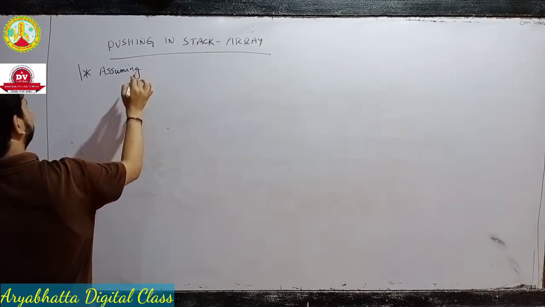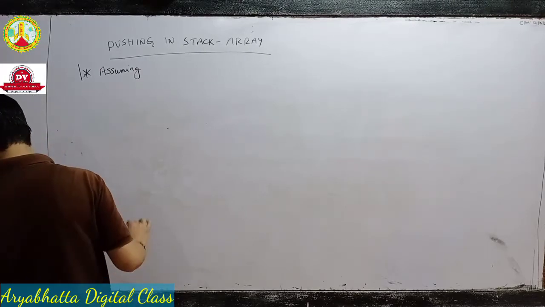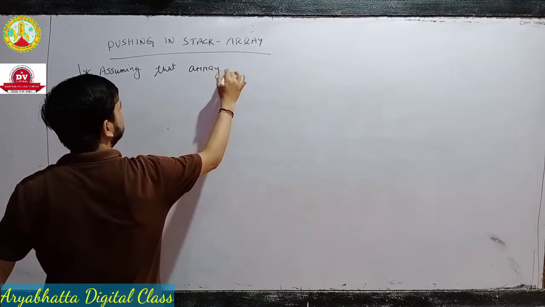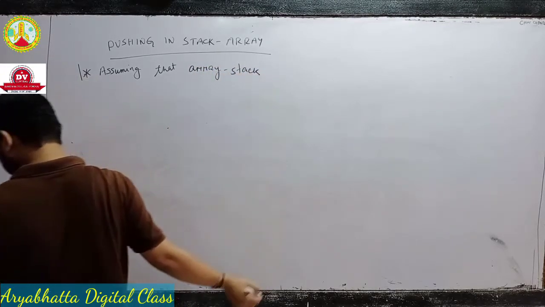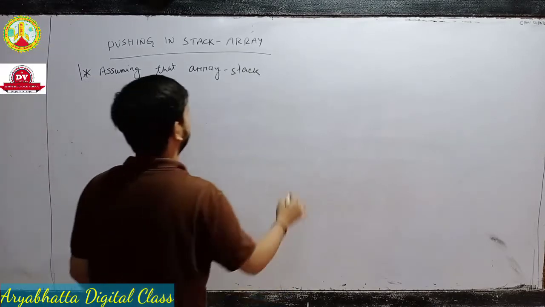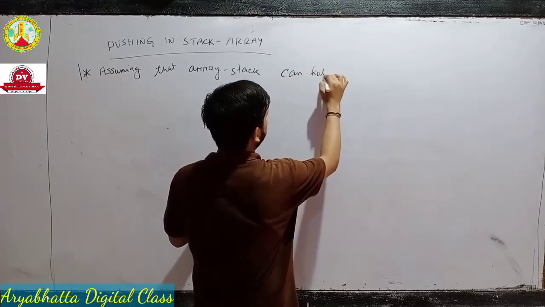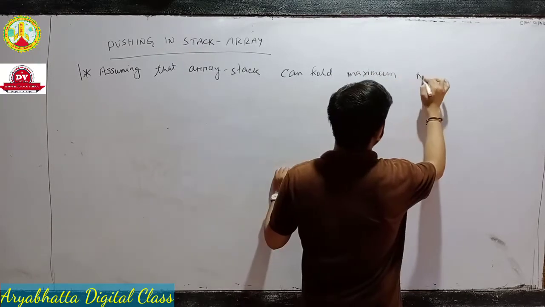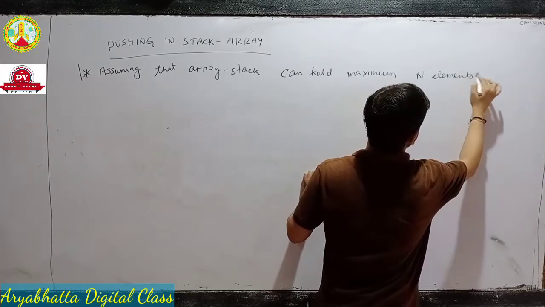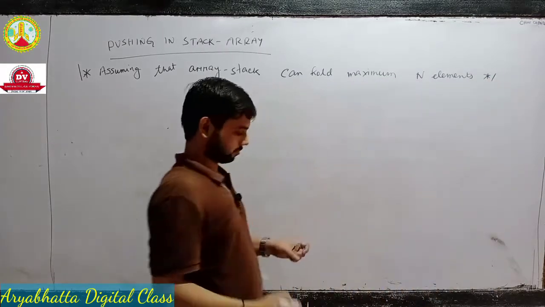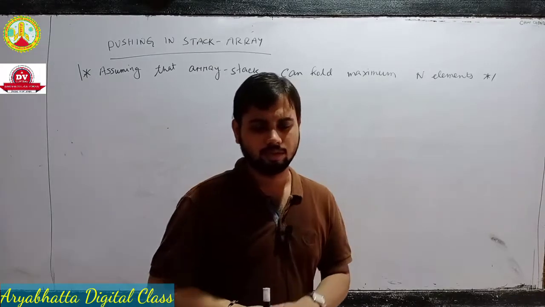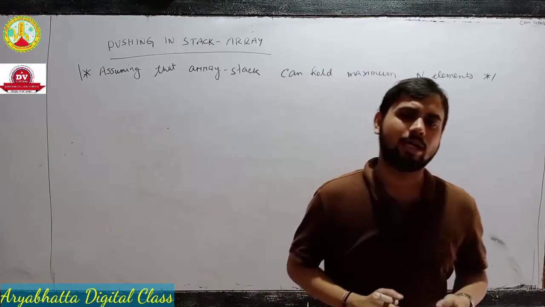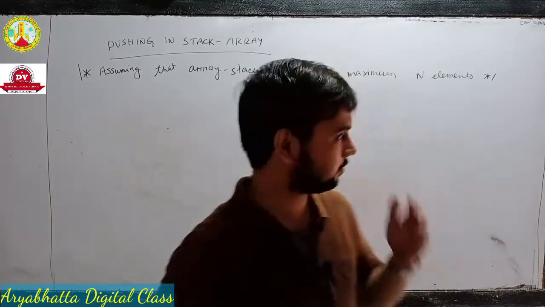This is just a printing line, assuming that the array stack can hold a maximum of n elements. We have to assume the stack will contain a maximum of n elements, right?